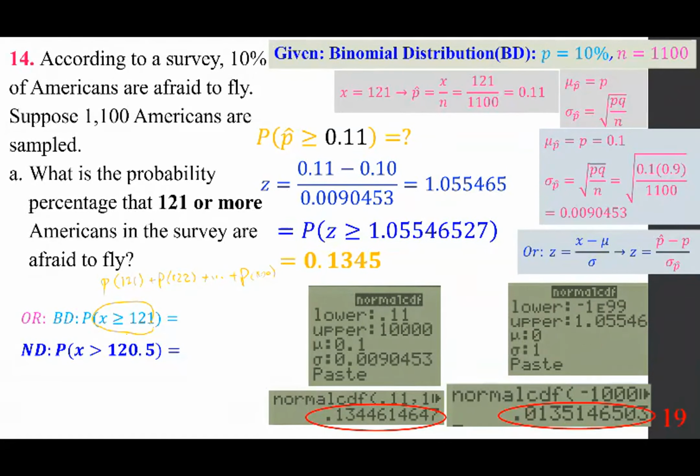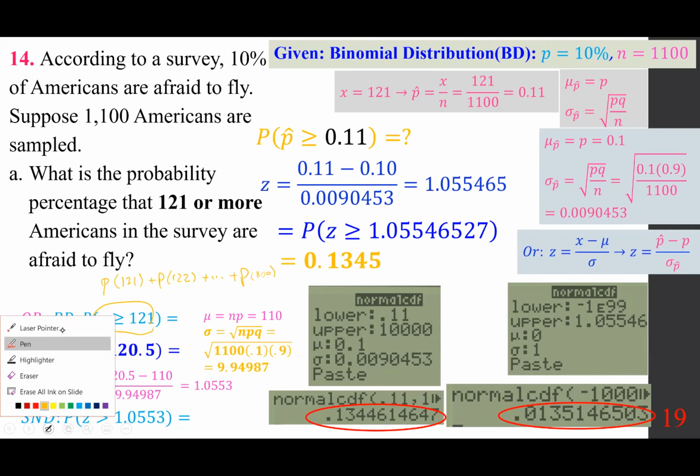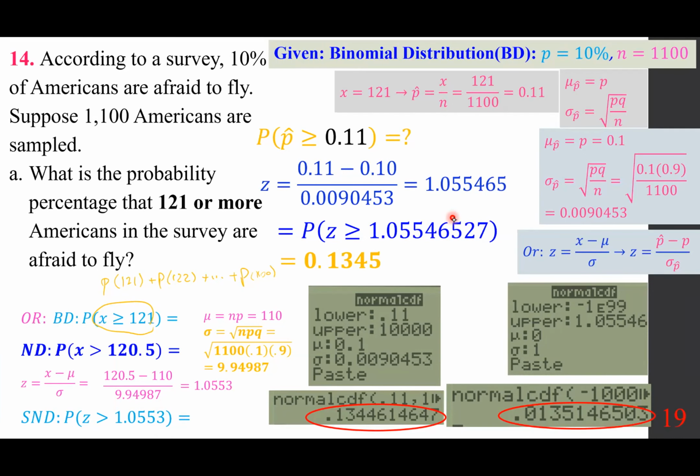And so if you use 121.5, you will miss the first one. And so Z equals X minus mu over sigma, where mu is NP, sigma is square root of NPQ. When we plug in, we end up with the same answer here. If you notice, this number is very close to that number. Again, a slight difference due to calculations, sometimes rounding.